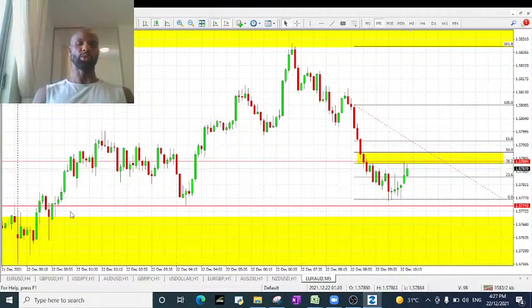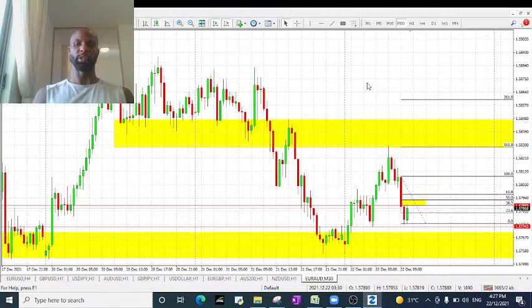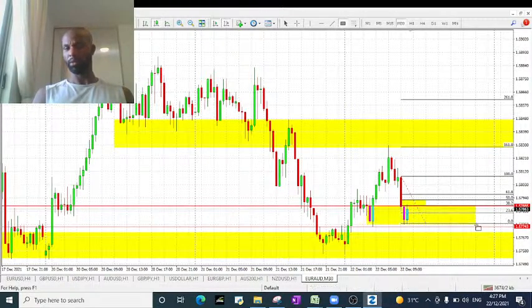But the thing is, we are so close to the bottom of the range that I don't feel super confident risking money here. If you look at the 30 minutes chart, we have a zone right here. So we are literally sitting where other players will be thinking is a support, a buying zone.